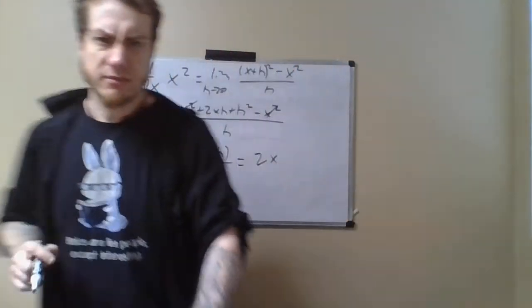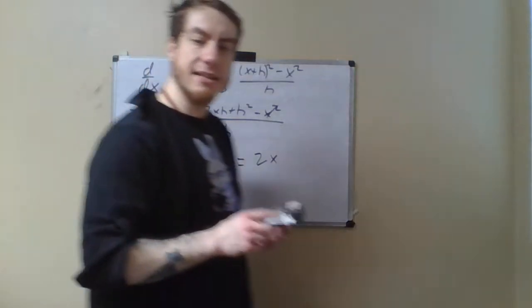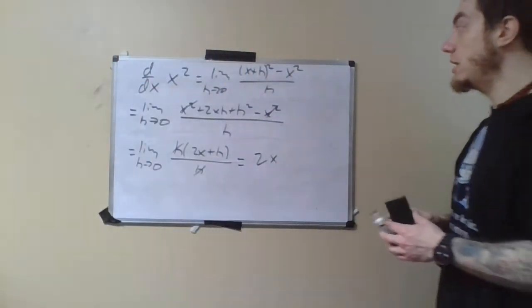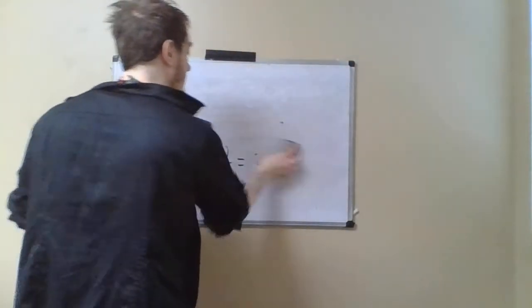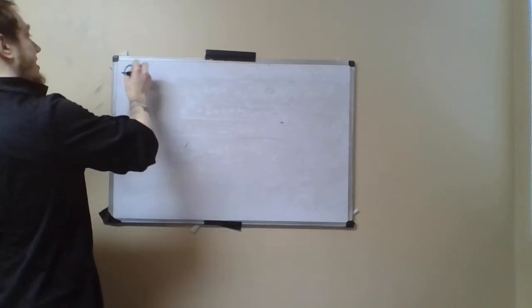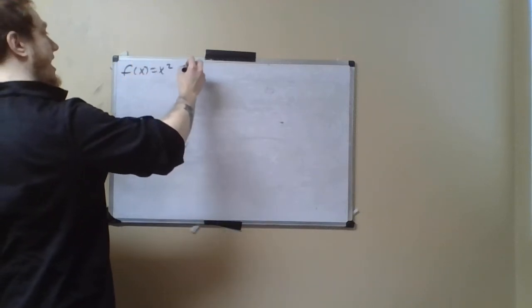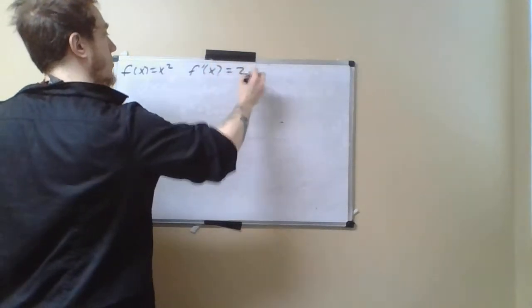Now, let's take a look at how we can use this in practice to answer some questions about x squared. For example, keep in mind what we just found, that another way of writing this is if f of x is equal to x squared, f prime of x is equal to 2x.